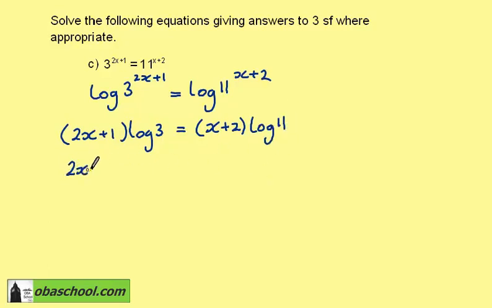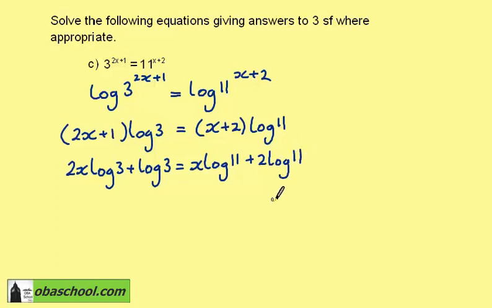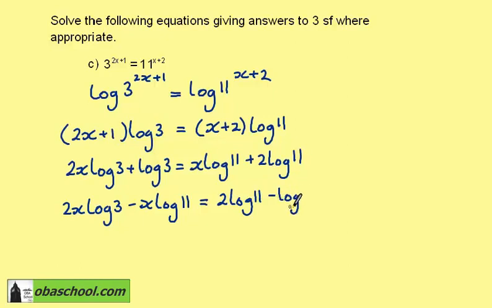Expanding the brackets, we get 2x log 3 plus a single log 3 is equal to x log 11 plus 2 log 11. Bringing the x's to the same side, we get 2x log 3, take away x log 11, and the numbers to the same side gives us 2 log 11, take away log 3.